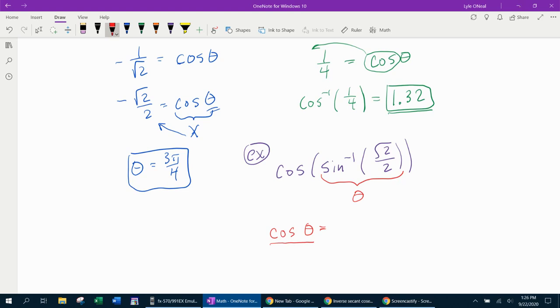We're going to say theta is the inverse sine of the square root of 2 over 2. And then at this point, we're going to bring the inverse sine over, which will turn it into regular sine.